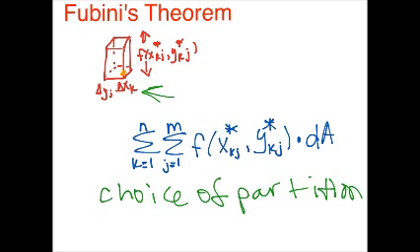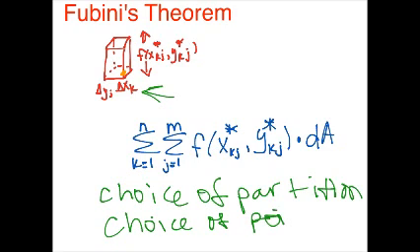And the choice of these points inside are different. You need to choose a specific point to focus on, but that point can be chosen at random within the partition. So you also have a choice of point and a choice of partition. And for all these choices, we are considering this limit.